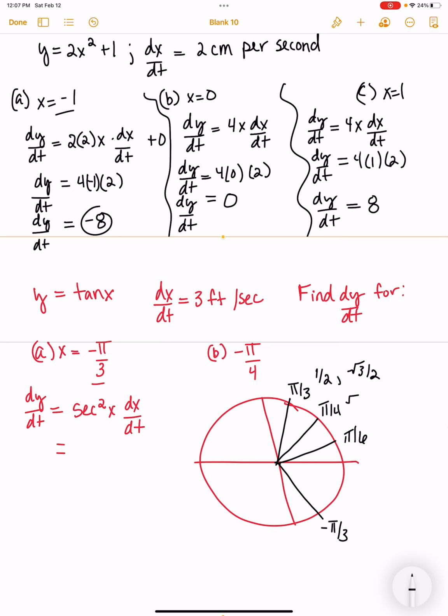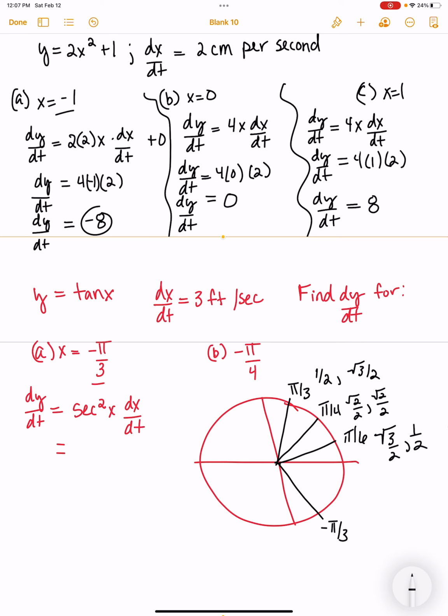And then for this, it's root 2 over 2, root 2 over 2. And then for down here, it's just the flip of these, which is square root of 3/2, 1/2.